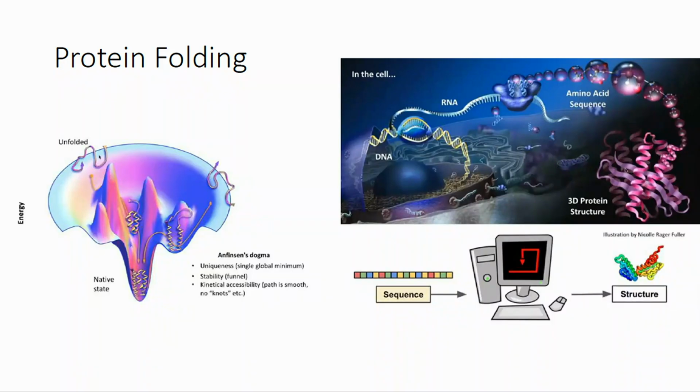So you can see that at the end of the day, the reason we want to predict protein structure is that the final goal of this pipeline is not just getting the structure itself, but rather trying to understand the functionality of the protein.